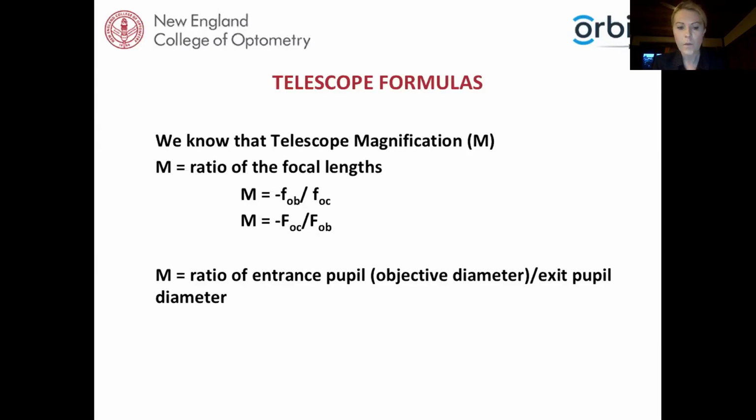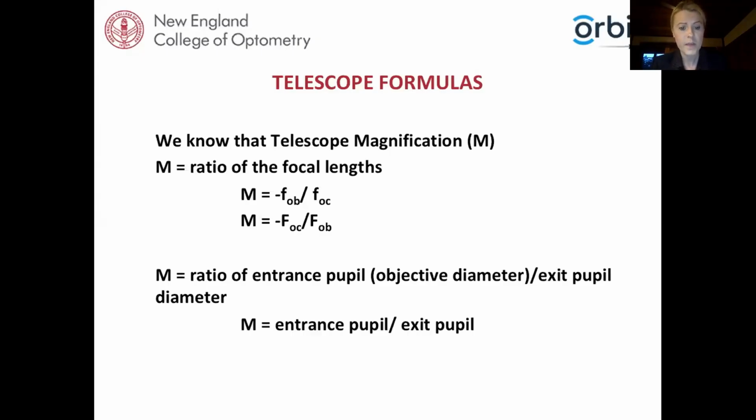But knowing that there is a ratio in lens powers, we can also use the ratio of the entrance and exit pupil of the telescope to come up with a magnification. We can physically see this and measure it, as I illustrated in the previous picture.